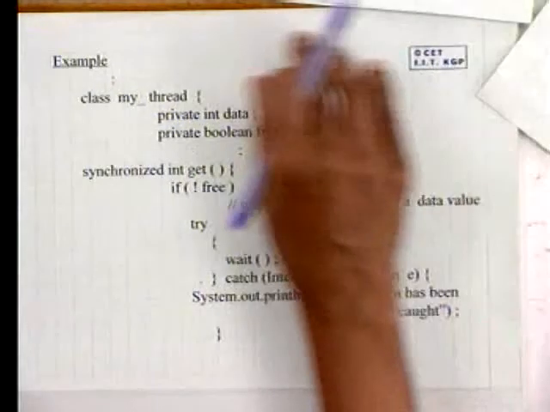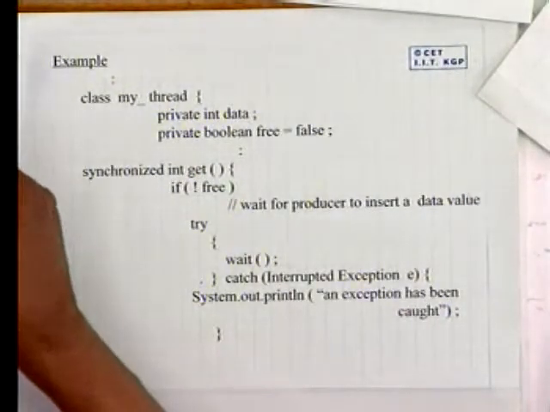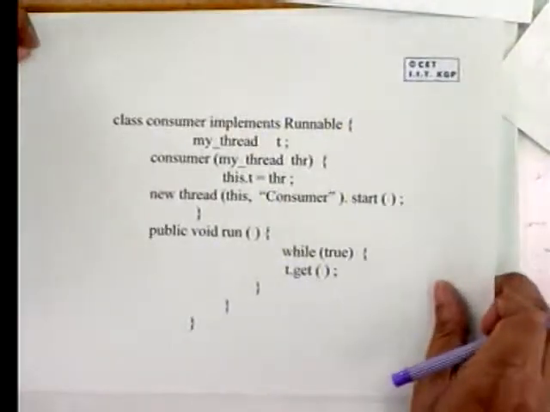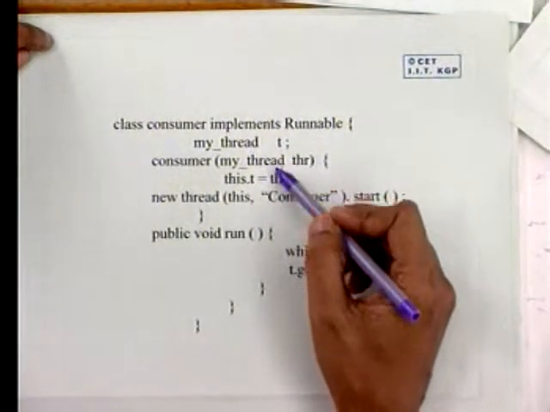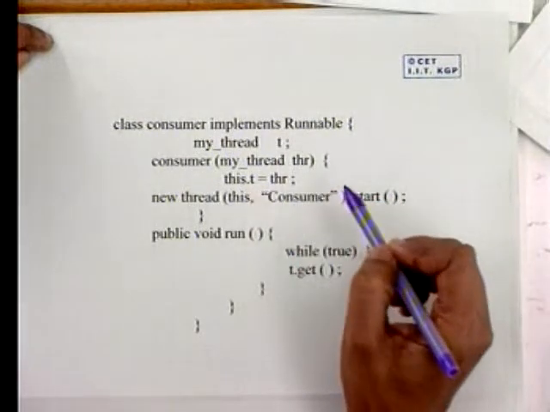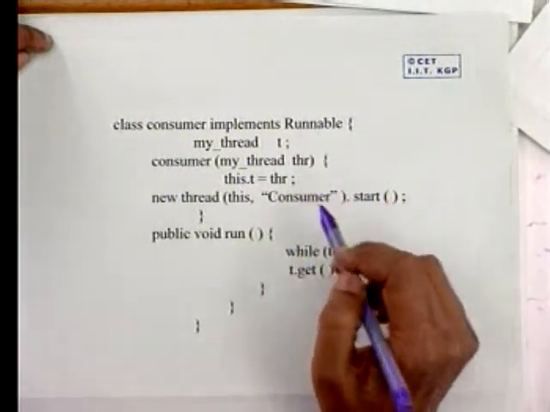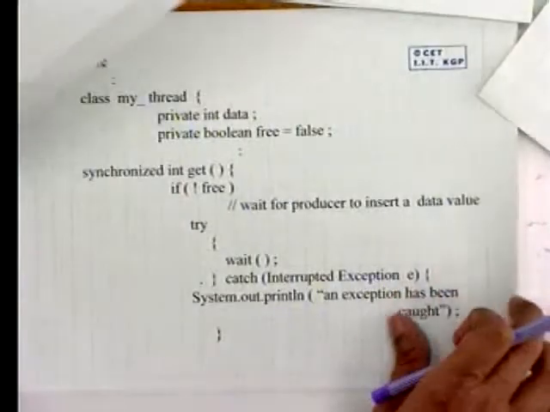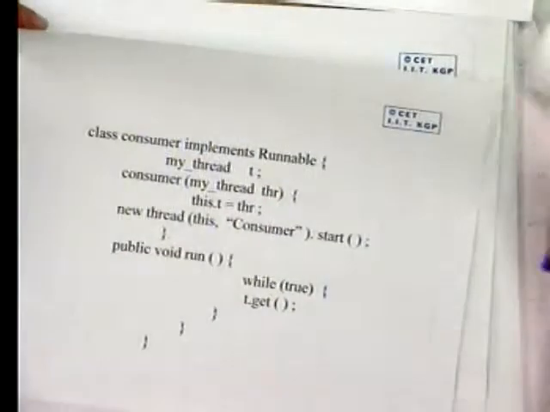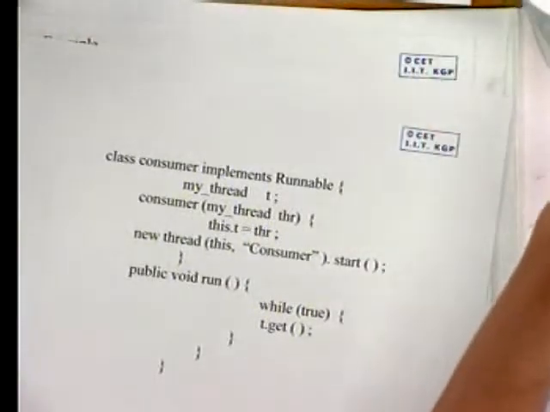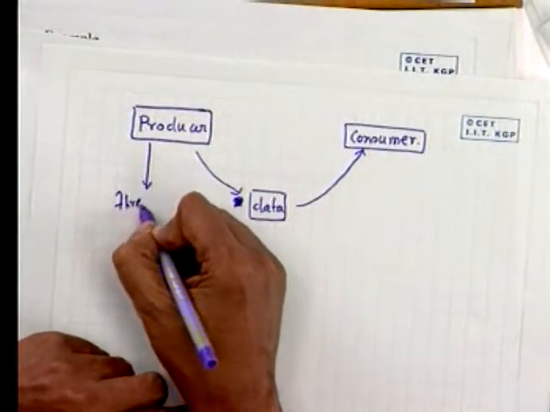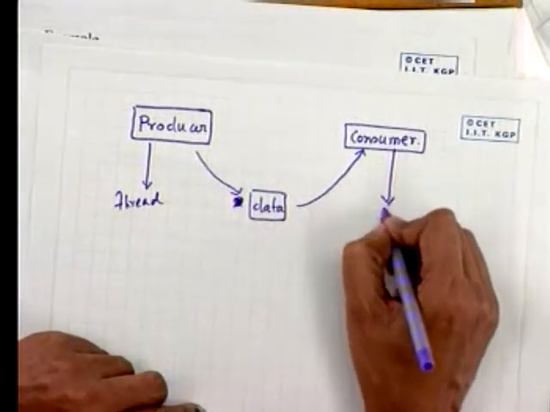Similarly, we have the consumer, which is again a consumer thread. The consumer implements Runnable, and here a new thread is created. I have mentioned that I need to create two threads, producer and consumer, which are communicating. So this is the producer thread, and this is the consumer thread.